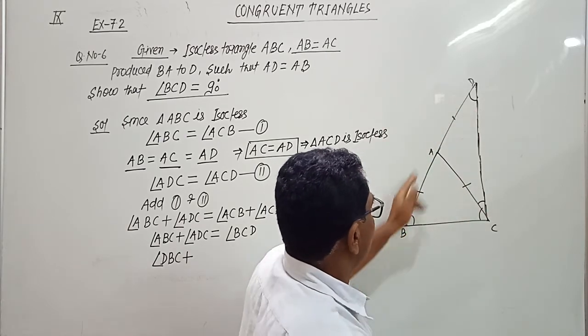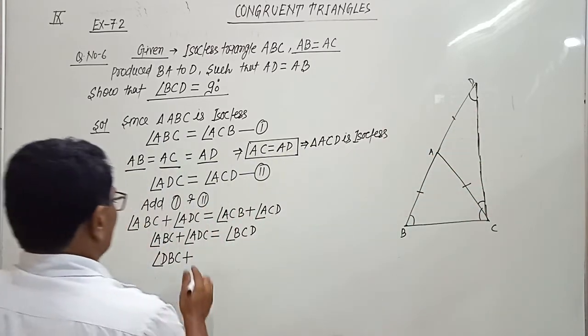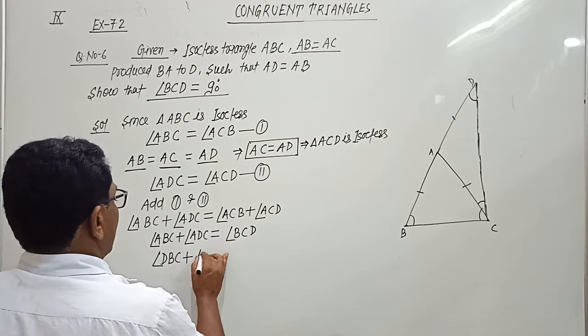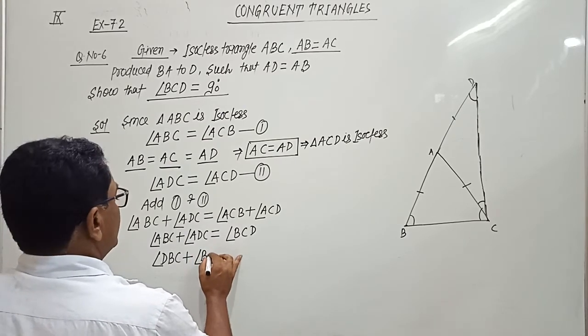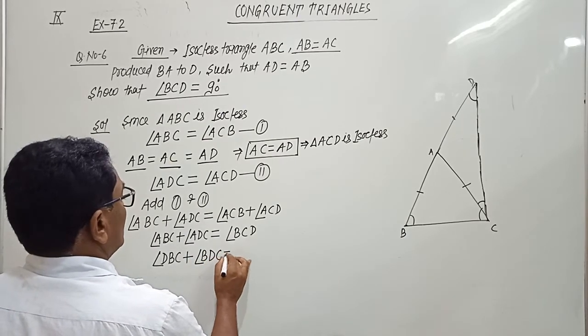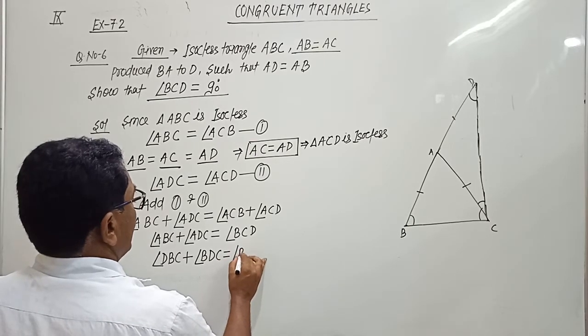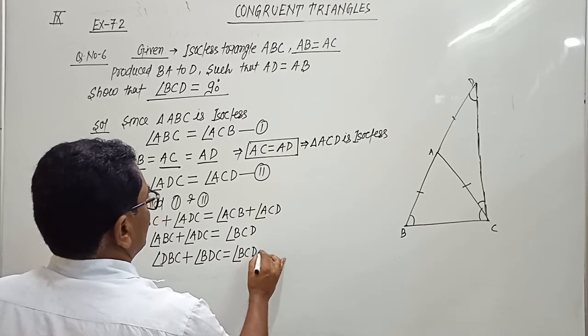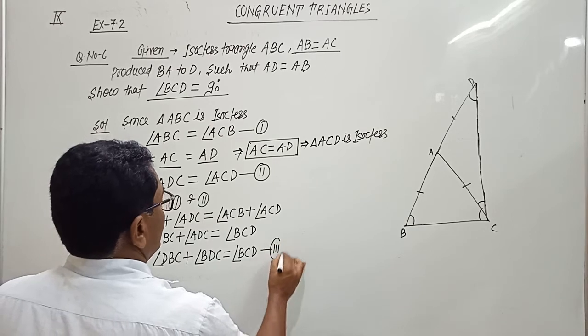So angle DBC plus angle BDC equals angle BCD. Name it third equation.